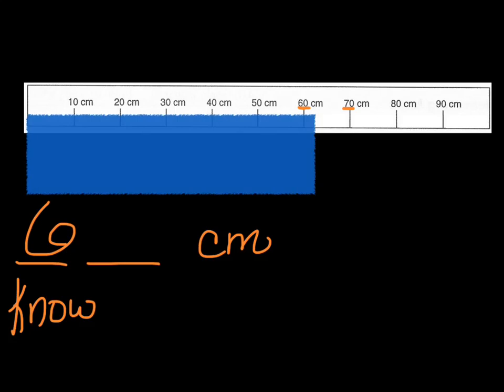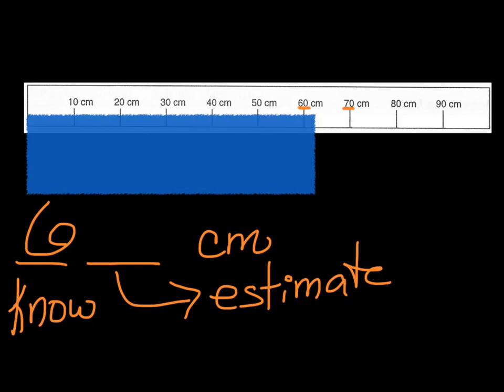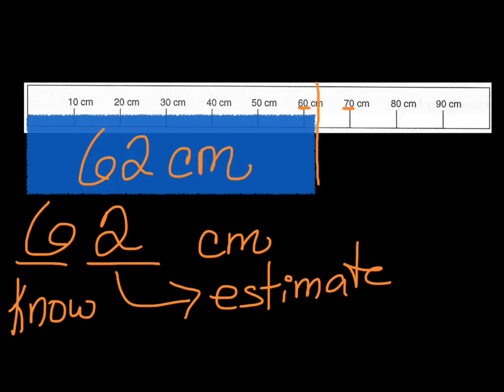However, for the something, I'm going to have to guess, or a better way to say it is estimate. I'm going to have to estimate that number to the best of my ability. So let's see, I'm going to say it is 62 centimeters. So using this ruler, I came up with a length of 62 centimeters.